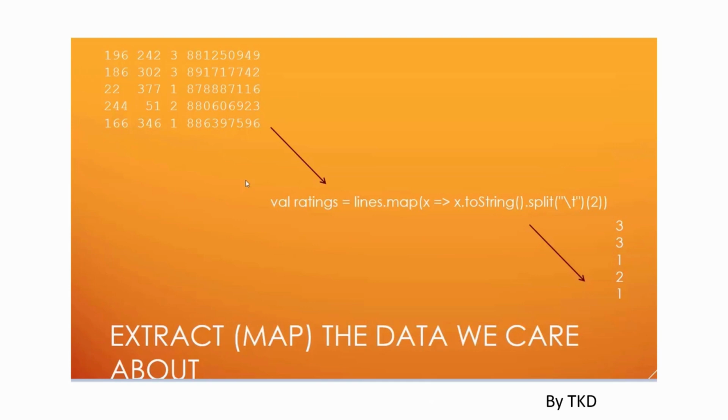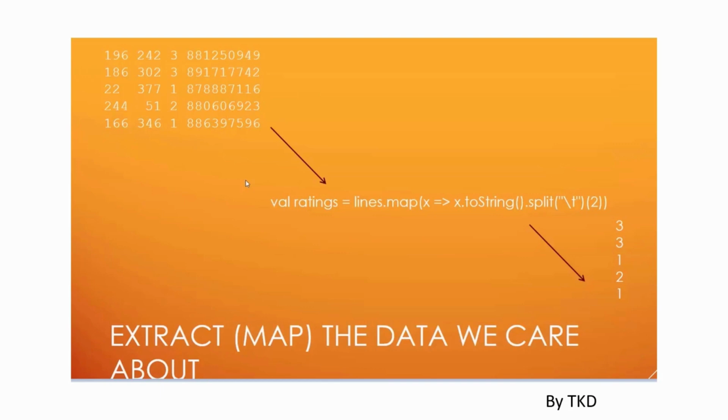Basically, we are calling map on that lines RDD to transform it into a new RDD called ratings. This new RDD parses out the lines RDD and only extracts the field we care about: the third field, which is the rating value itself.